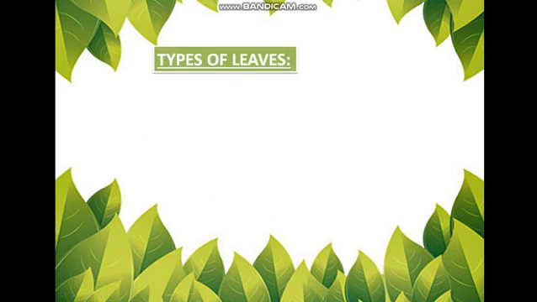Now we'll discuss the types of leaves. See these leaves, are they similar in shape? No. See all these leaves, they are not the same. So according to their shape, we have two types of leaves.